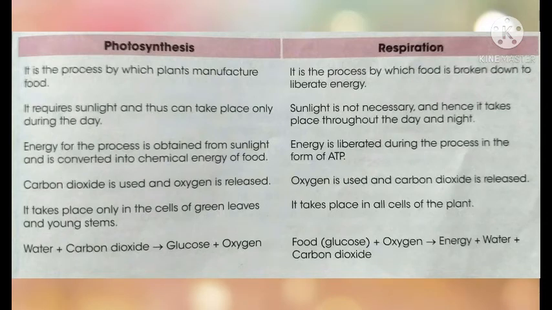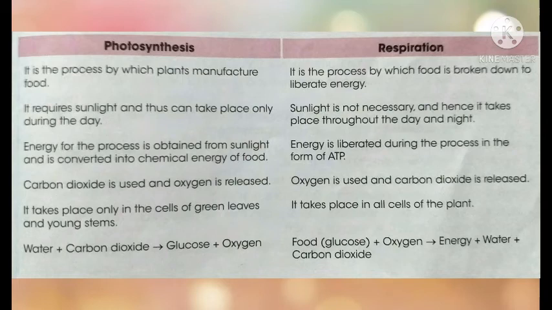Photosynthesis is the process by which plants manufacture food. Respiration is the process by which food is broken down to liberate energy. Photosynthesis requires sunlight and thus can take place only during the day, while in respiration, sunlight is not necessary and hence it takes place throughout the day and night. In photosynthesis, energy for the process is obtained from the sunlight and is converted into chemical energy of food.